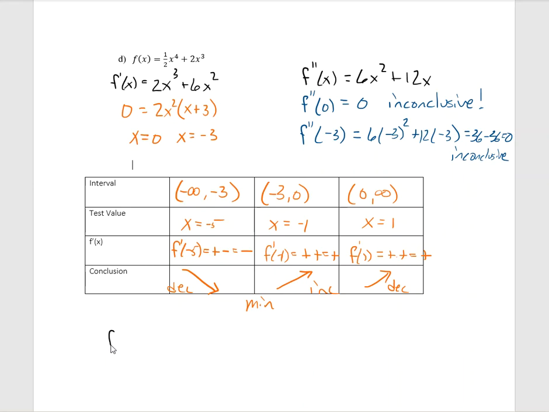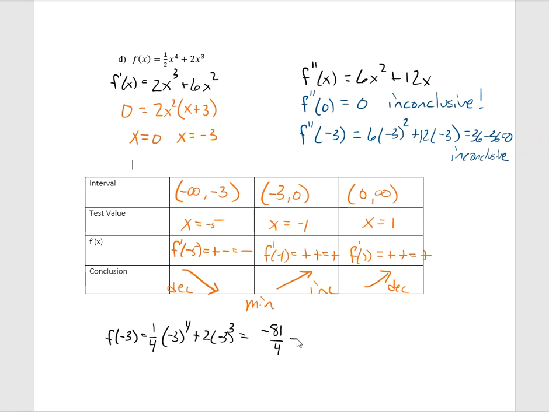If I want to find the value of that minimum, I will substitute it into the original. And get, okay, negative 3 to the 4th is 81. Negative 3 cubed is negative 27.